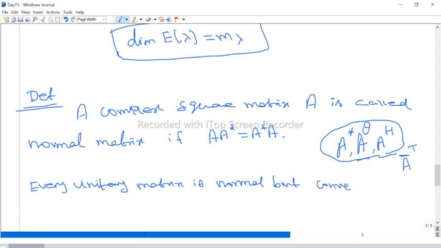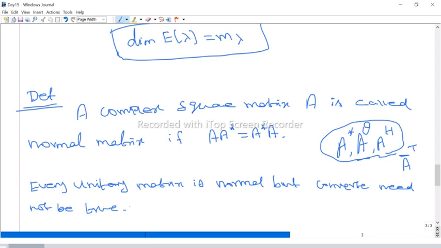Converse means every normal matrix need not be a unitary matrix. Sometimes it may be true, but in general it is not true. That's why I am saying it need not be true.